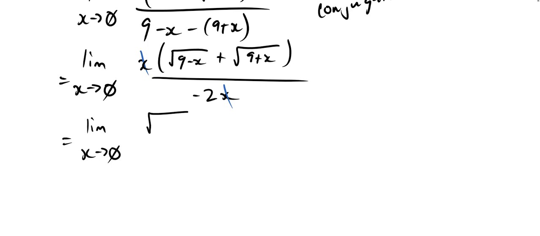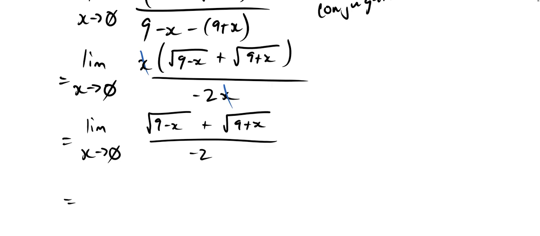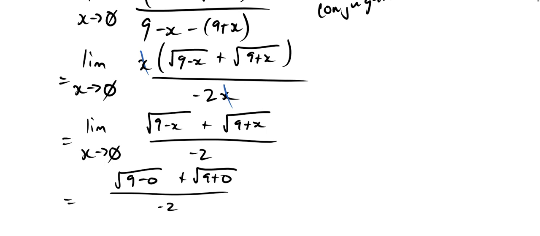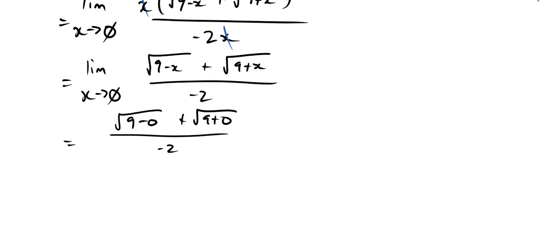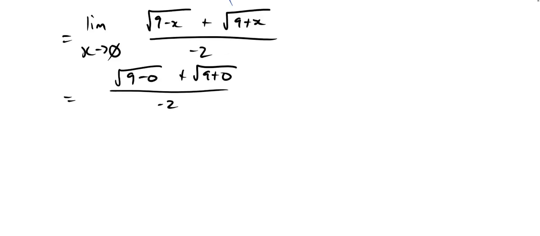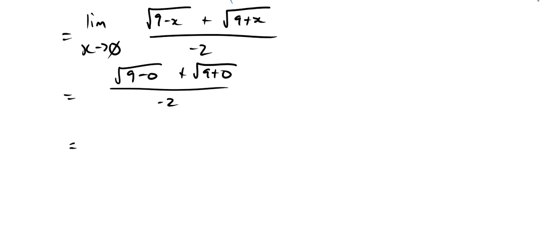Let's see, the square root of 9 minus x plus the square root of 9 plus x, all over negative 2. So that's 3 plus 3, which is 6, divided by negative 2. The whole thing gives you negative 3, I think.